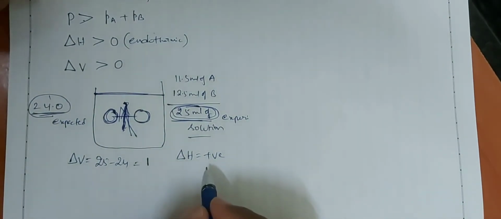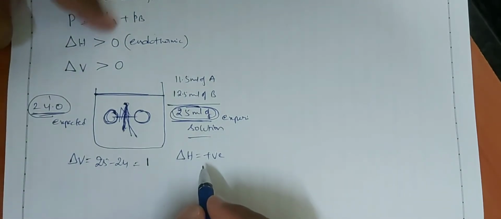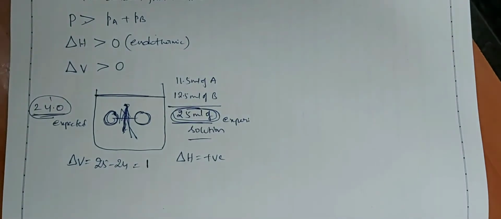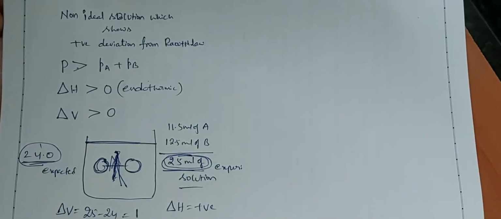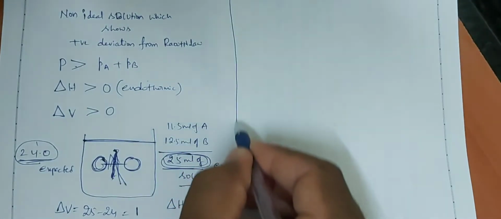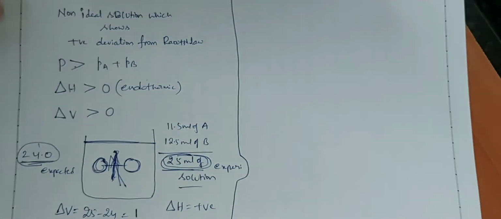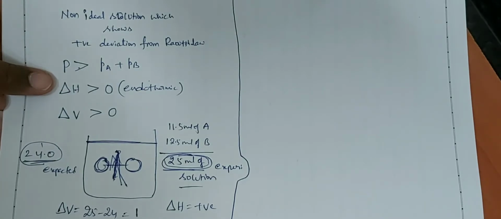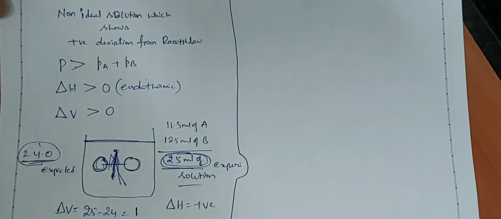Delta H is positive means delta H is greater than 0. These are the conditions for non-ideal solutions which show positive deviation from Raoult's law: P is greater than Pa plus Pb, delta H is greater than 0, delta V is also greater than 0.